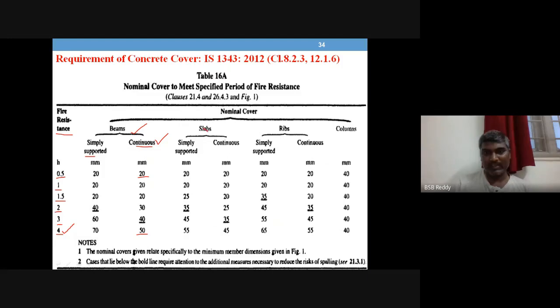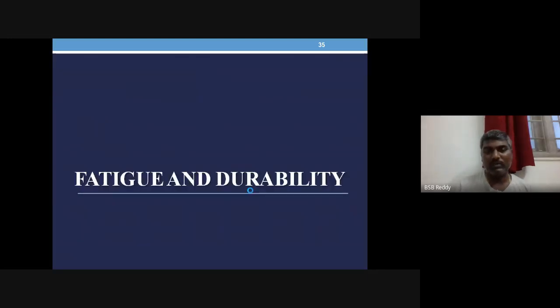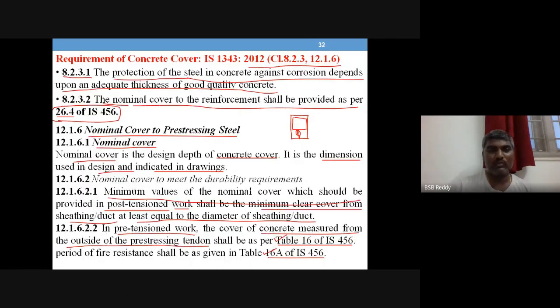Similarly for slabs and columns, a minimum of 40 mm cover is required. So this is regarding fire resistance requirement. Whichever is more, we have to adopt that clear cover.